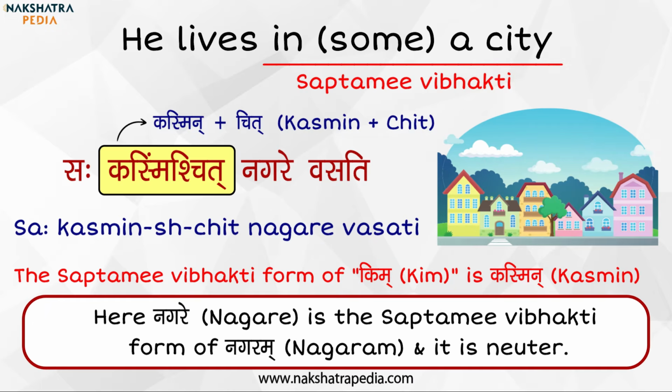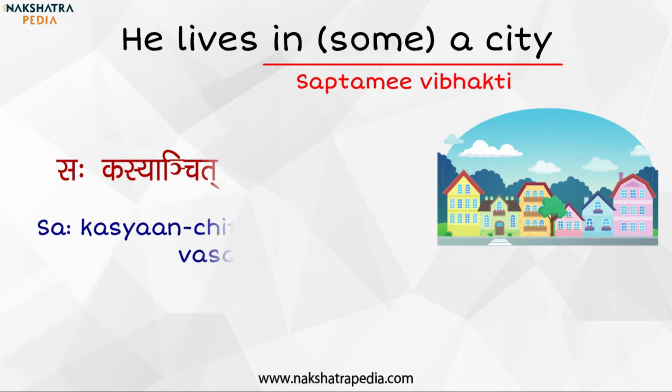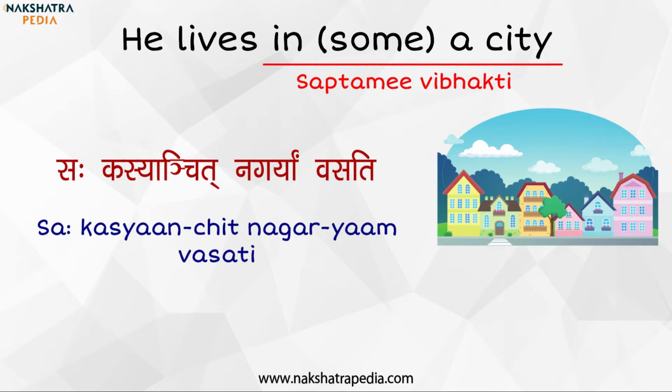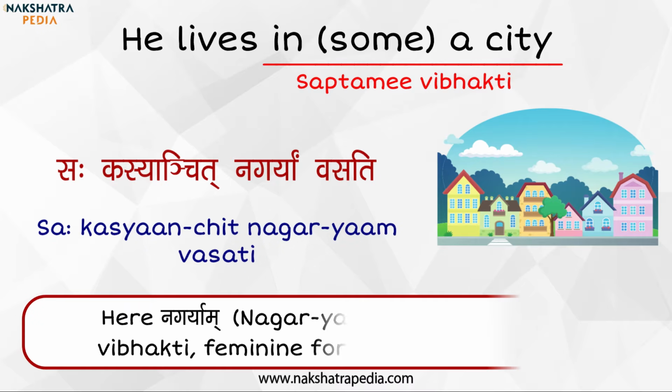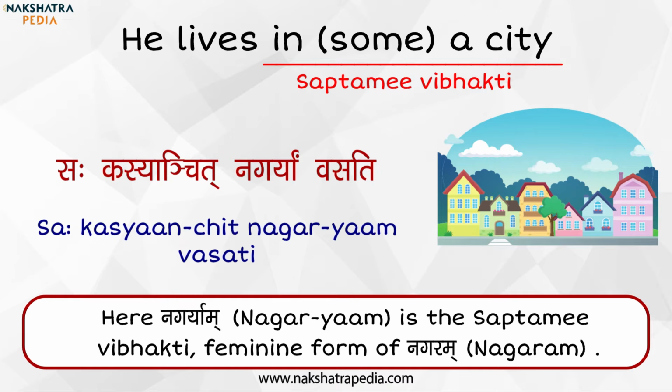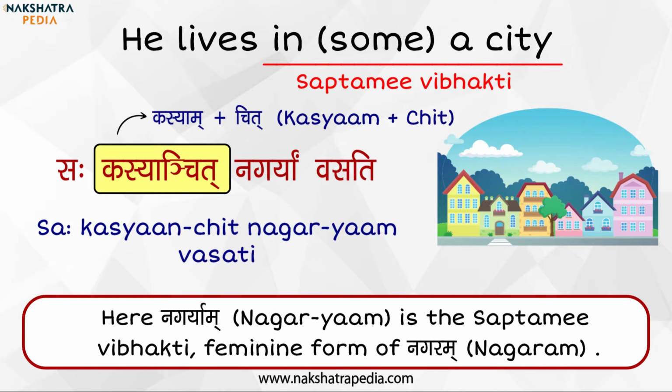Instead of nagaram, if we take nagari, which is a feminine form of nagaram, then the sentence will be Saha kasyanchit nagaryam vasati. So as we change the gender, the form changed from kasminshchit to kasyanchit. Kasyanchit is a combination of kasyam and chit.